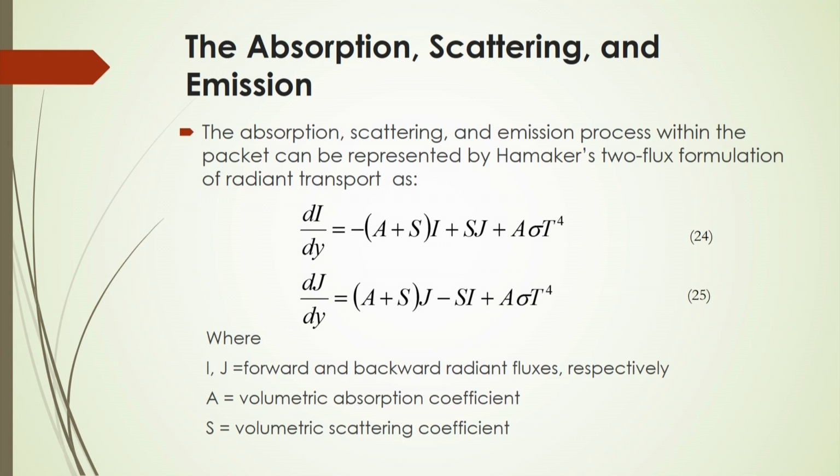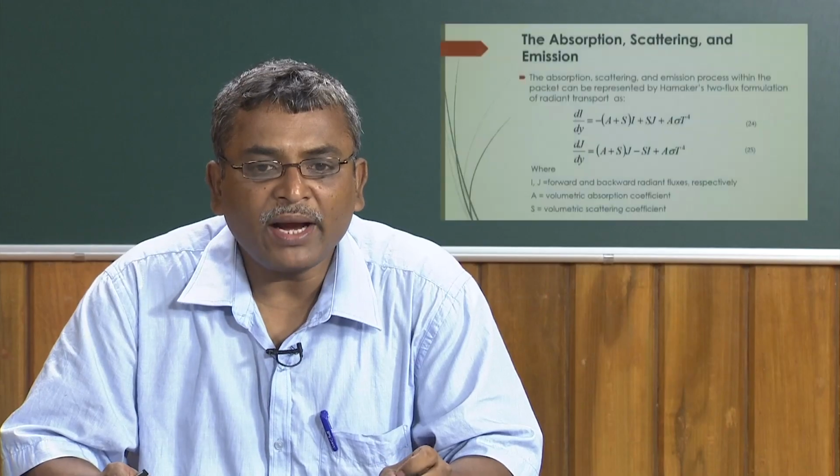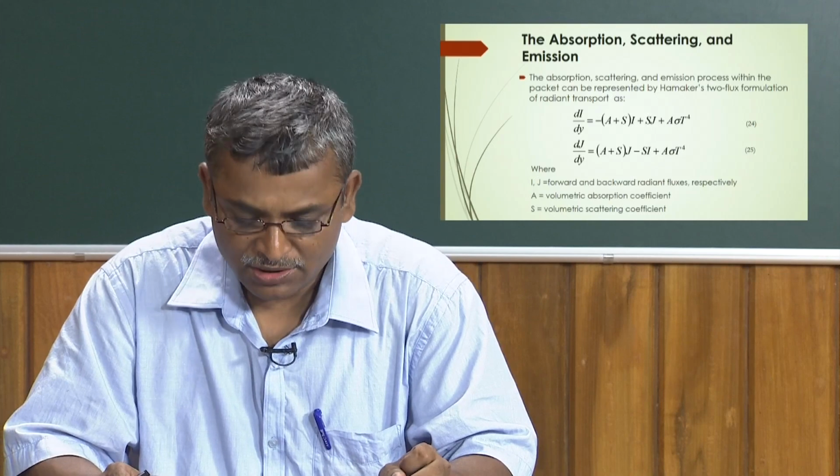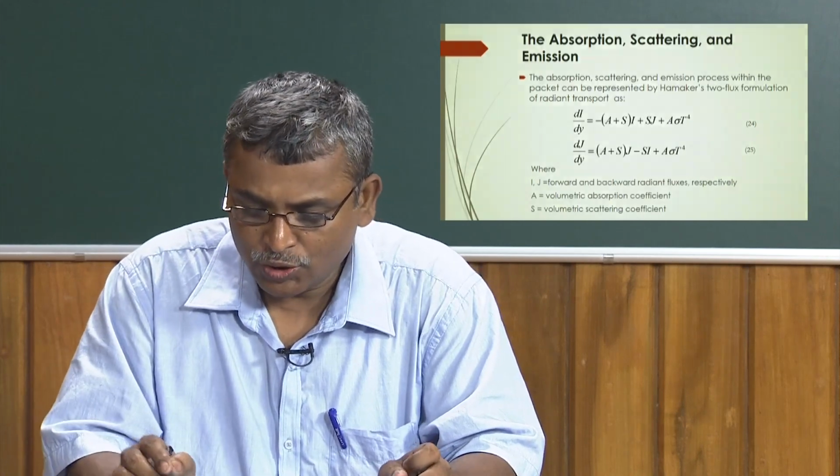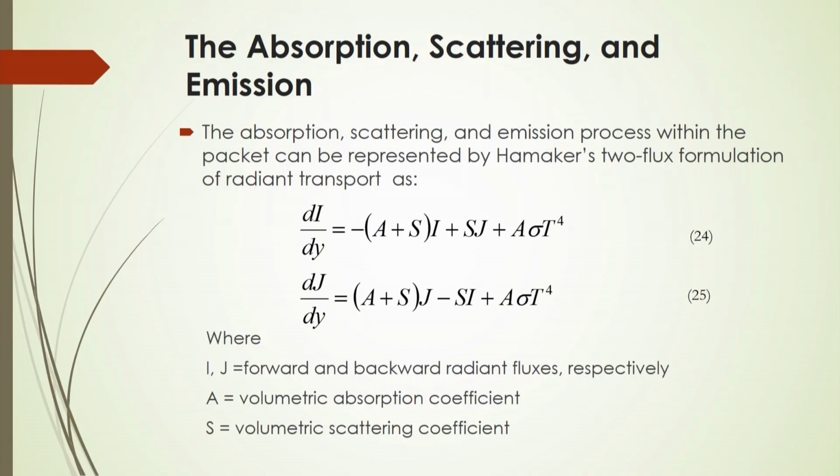The absorption, scattering and emission process within the packets can be represented by Hamaker's two flux formulation of radiant transport, which is given by equations 24 and 25 for the forward and backward radiant fluxes.